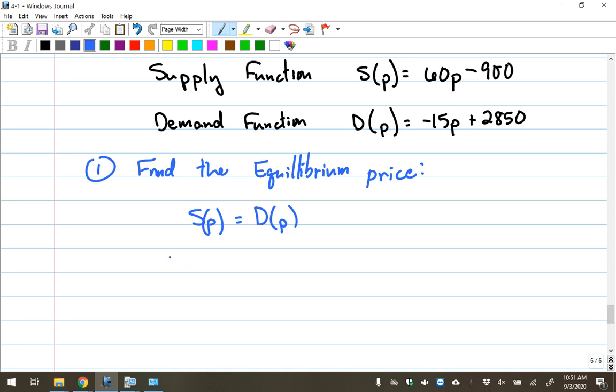So the supply side, we got 60P minus 900 equals negative 15p plus 2850. Good old algebra, easy math here.